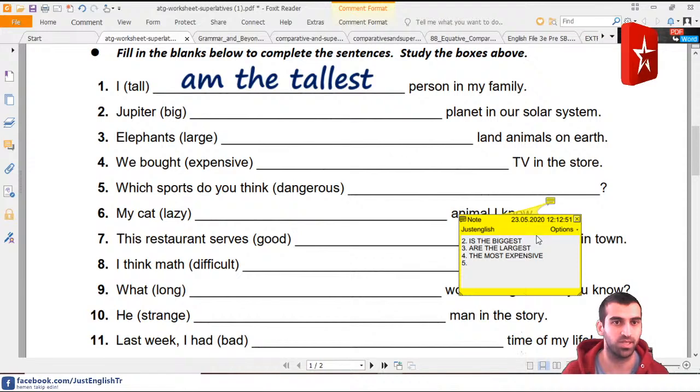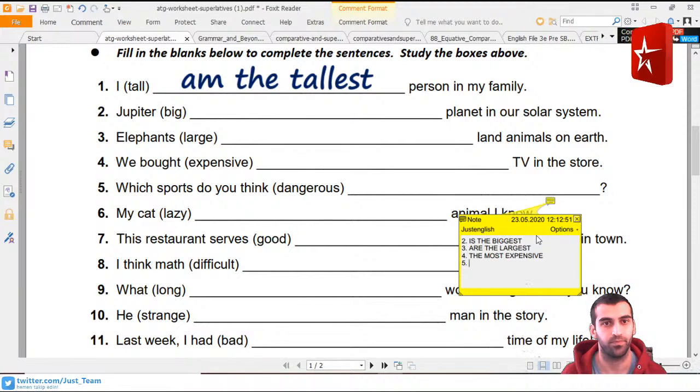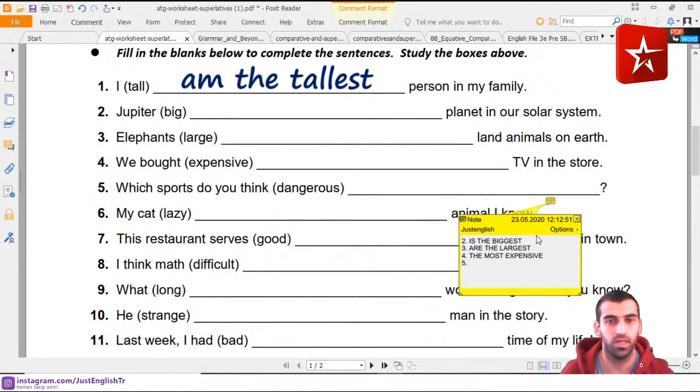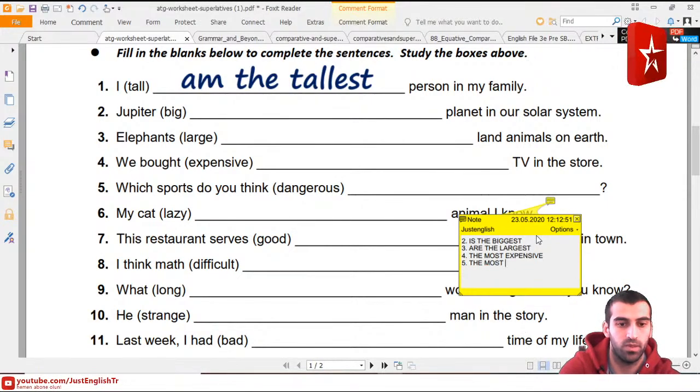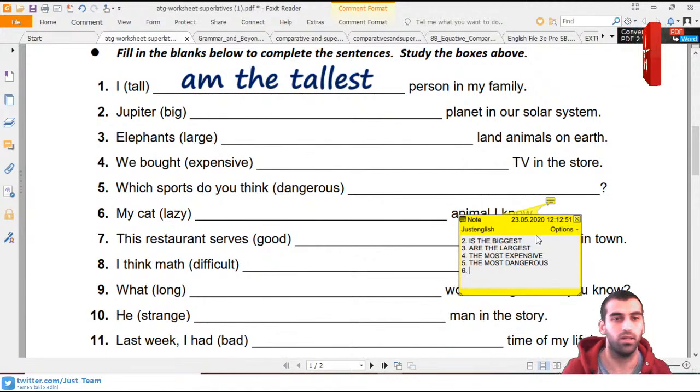Which sports do you think are the most dangerous? The most dangerous. Yes, the most dangerous sports. The most dangerous is the correct answer.